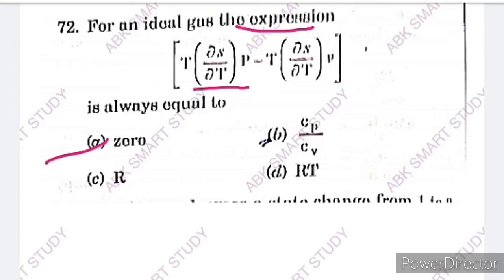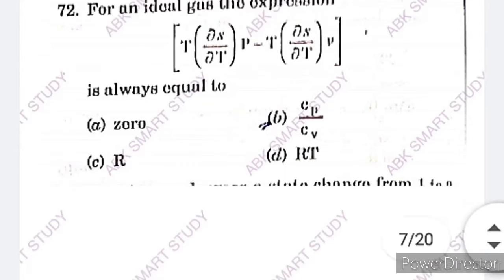For this given expression, the answer is always Cp upon Cv. So option B is the correct answer. That equation is always equal to Cp by Cv. So option B is the correct answer. Next question.